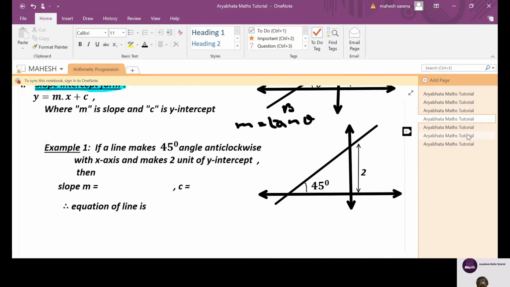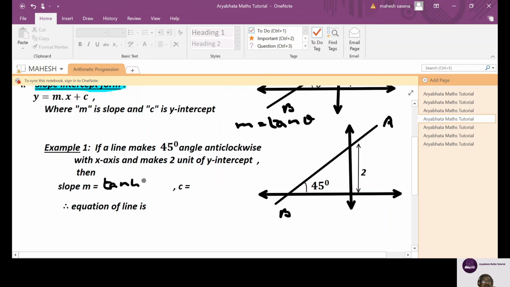Now we take an example. Suppose a line AB makes an angle of 45 degrees anticlockwise with the x-axis and the y-intercept is 2. Then in this case the slope m = tan 45 degrees, which is equal to 1.